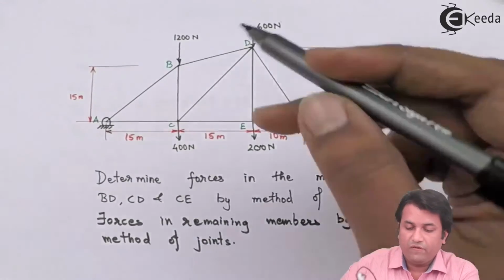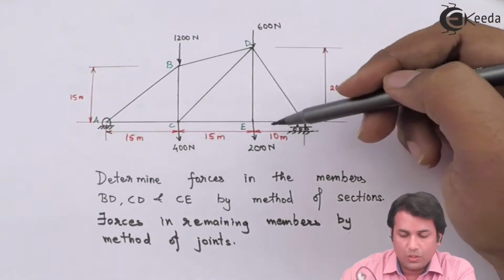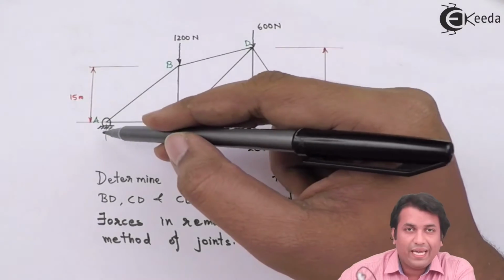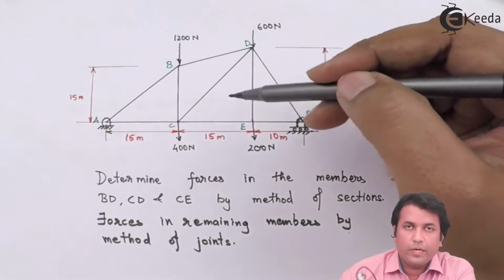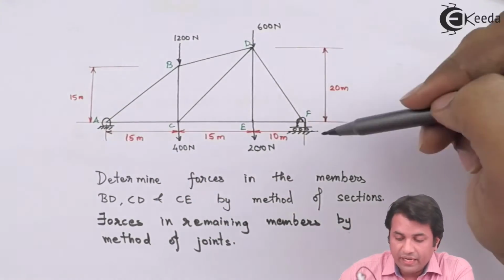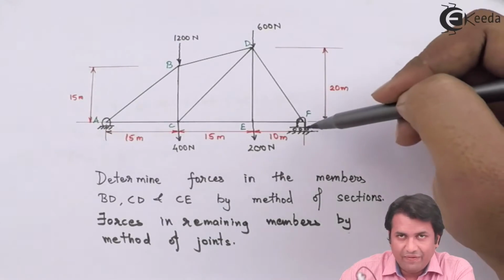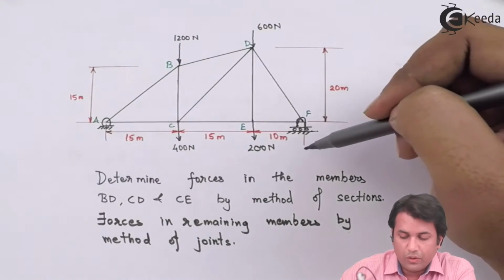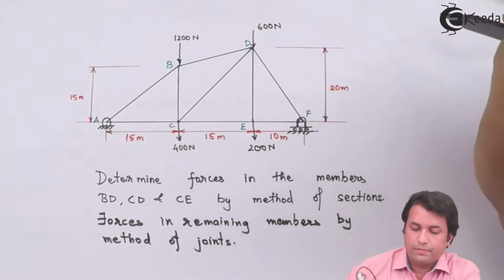Now, I have four forces, all acting downwards. So with respect to point A, all the four forces are going to create a clockwise moment, whereas the reaction force at F is going to create an anti-clockwise moment.